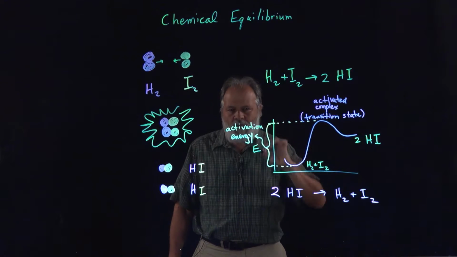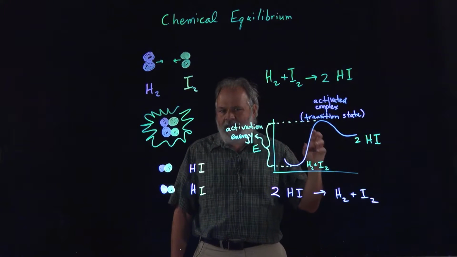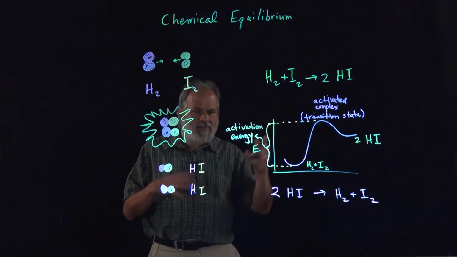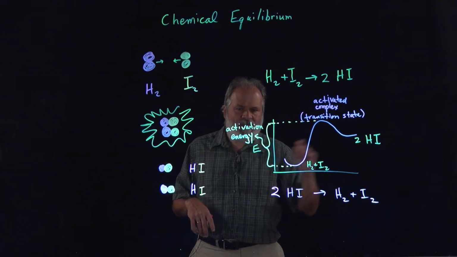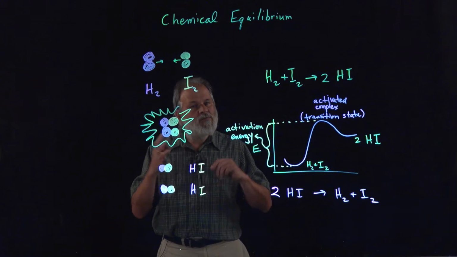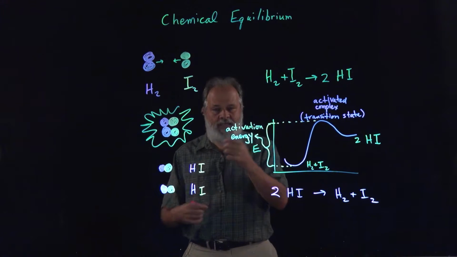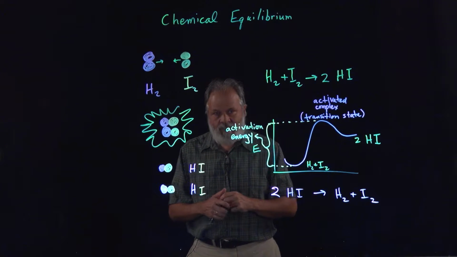You start to make a few products. Okay? And those products are there, and they will occasionally collide, not frequently because there's not very many and they don't meet each other very often. But as this reaction proceeds forward, there's more and more HI molecules. And that means there's more and more collisions between two different HI molecules, and there's more and more reverse reaction. Okay?